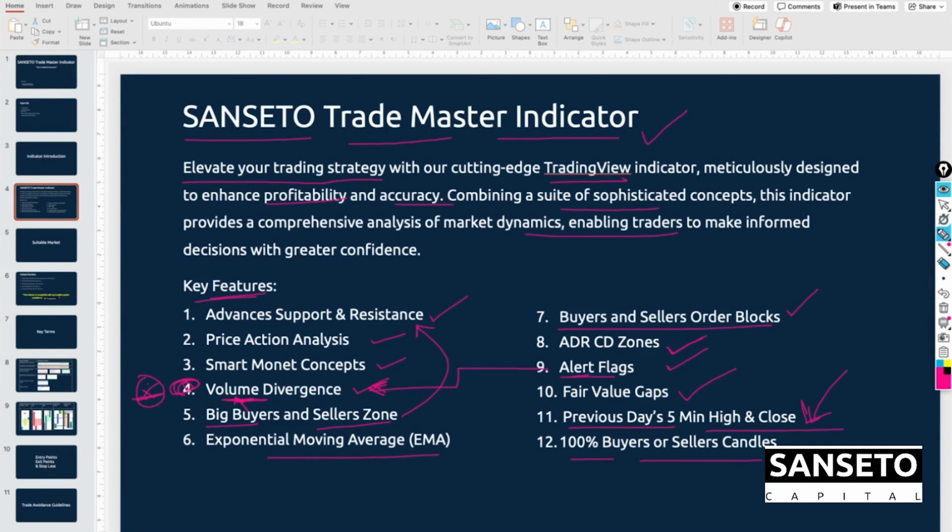That's what we are trying to showcase here. These are the key features in SANSETO Trade Master, with everything combined together. Based on our terms and conditions, the tips and tricks we are going to give you in this video can really enhance your trading method.